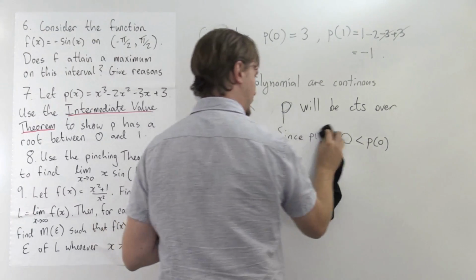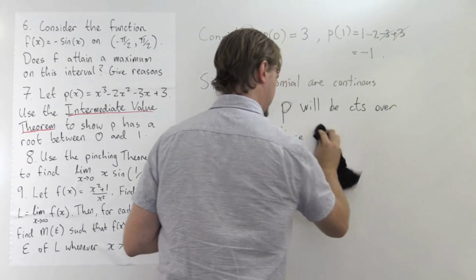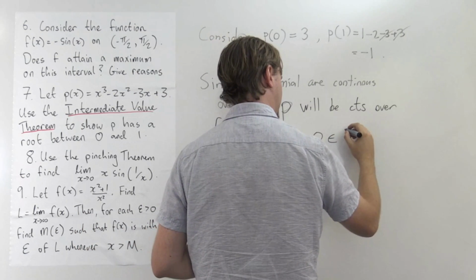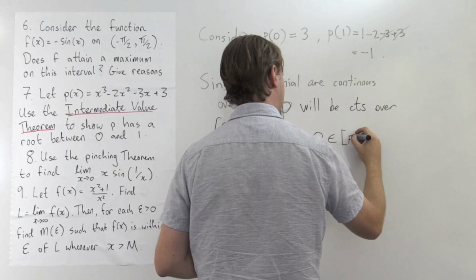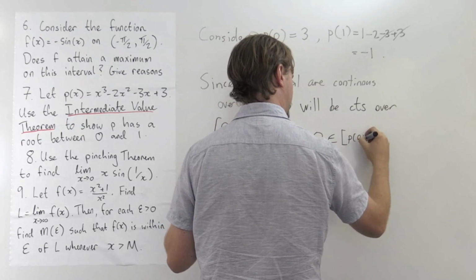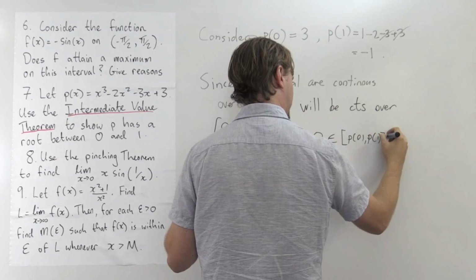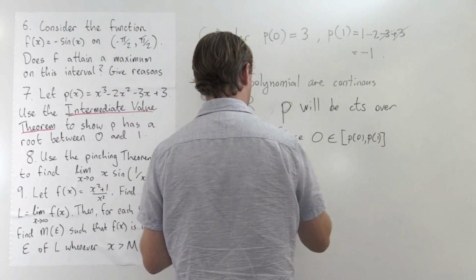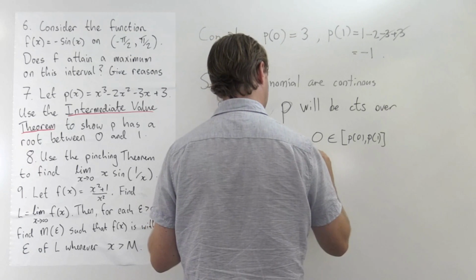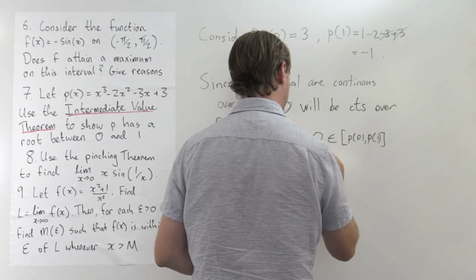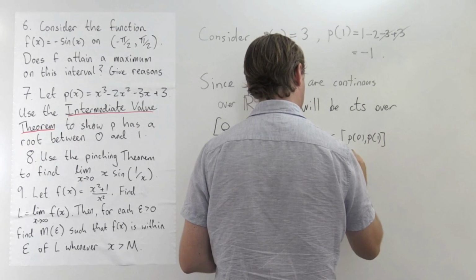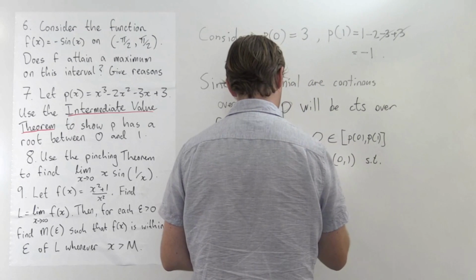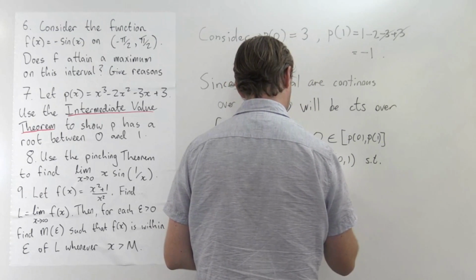A much nicer way to write that up is, since 0 is in the interval given by P0 to P1, then there is a value C in 0, 1, such that P of C equals 0.